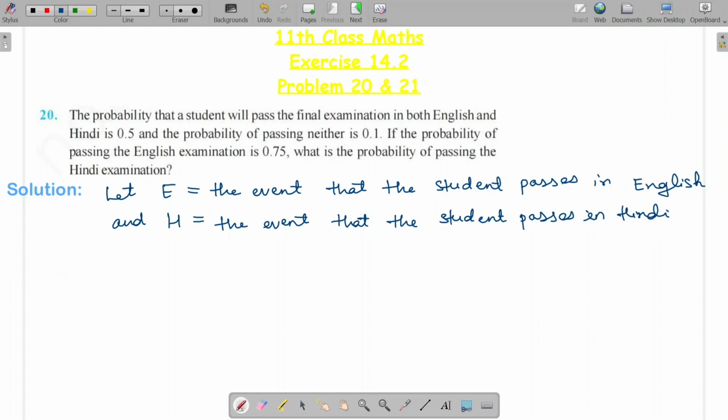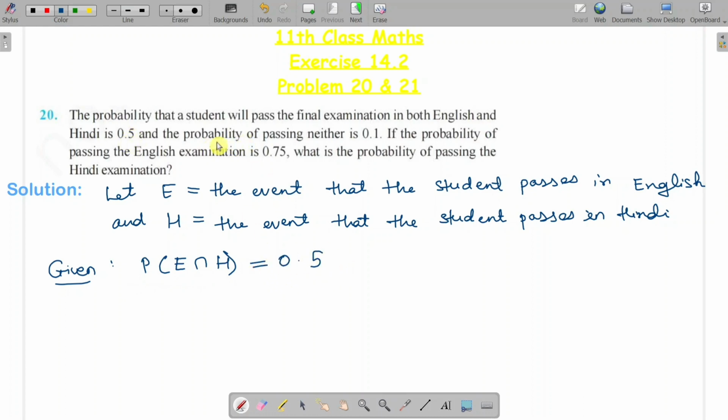Right. So what is given to us is the probability of the student passing in English and Hindi, which in set notation means E intersection H. So this is nothing but the probability that the student passes in both English and Hindi, and this is given to us as 0.5.